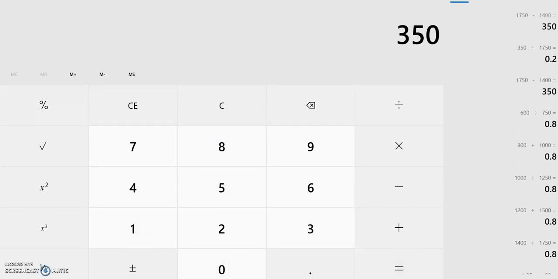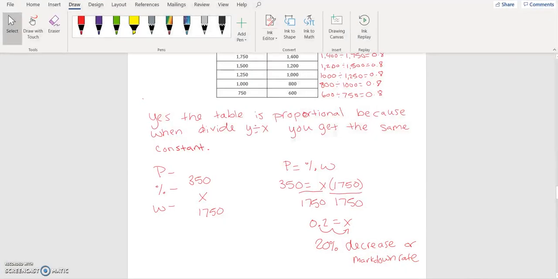That's how I'm getting that 350. My percent is what I'm looking for. I'm looking for the markdown rate, and a markdown rate is a percent. And then our whole is our original. So our original price was $1,750.